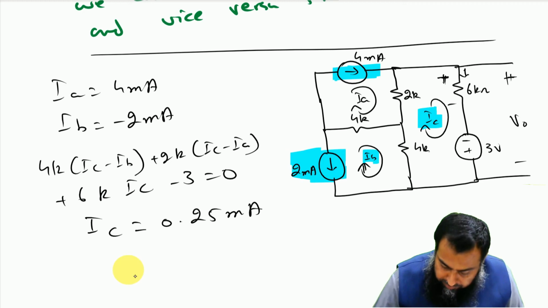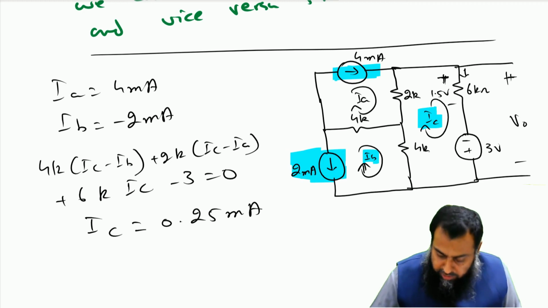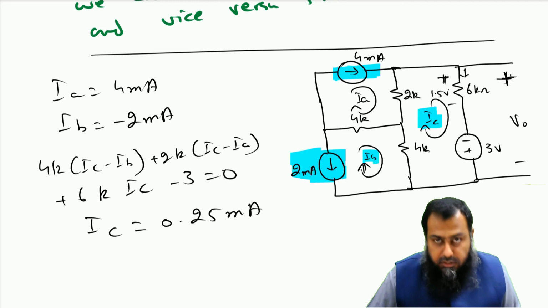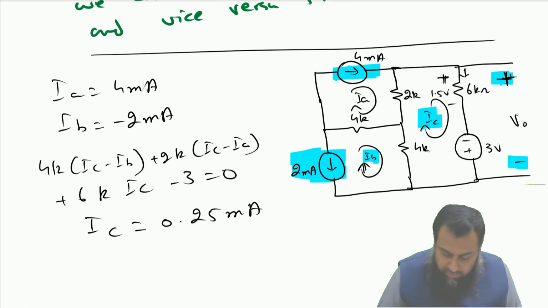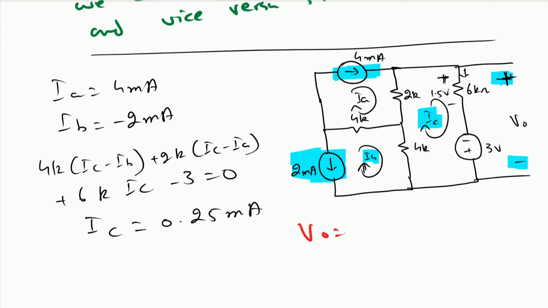So we have 1.5 volt here in this particular direction. So the net voltage required at the output, with this side positive and this side negative, is V naught equal to minus 3 by 2 volt, that is equal to minus 1.5 volt, right?